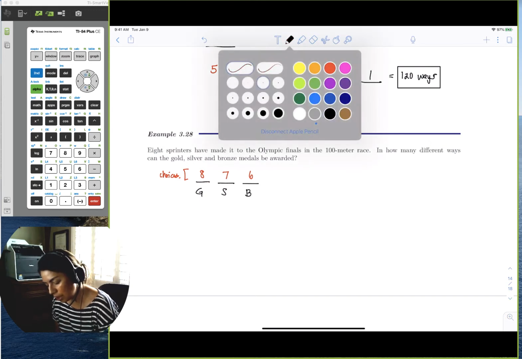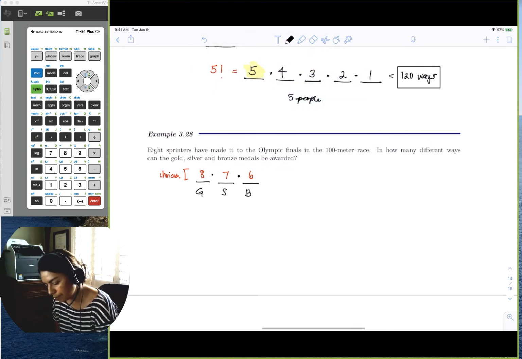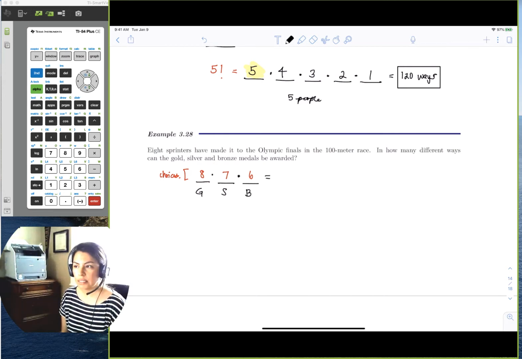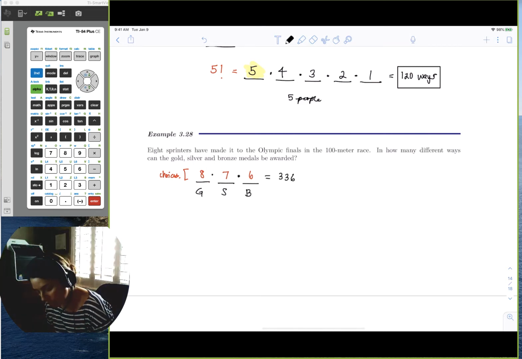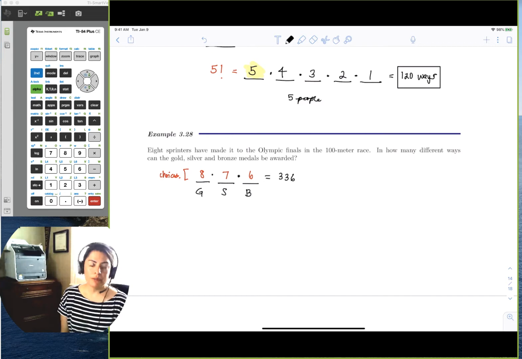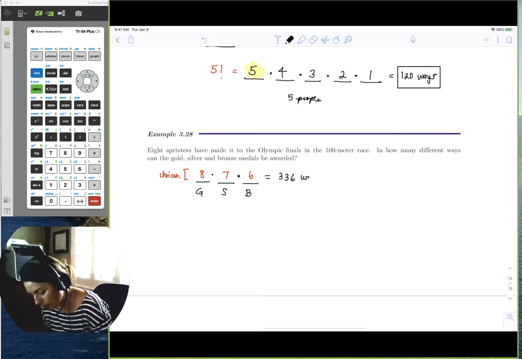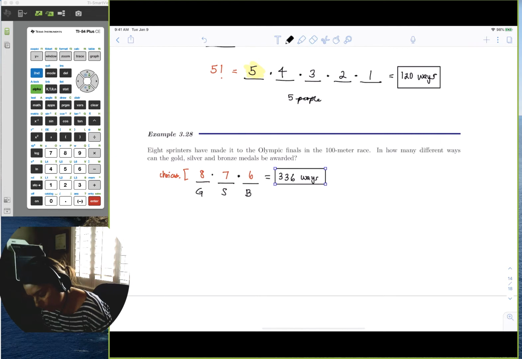So using the multiplication rule, we can easily multiply this, and it would be 336. So that's how we would do it if it was asking the question, how many different ways? There's 336 ways we can give out 3 medals out of 8 people.